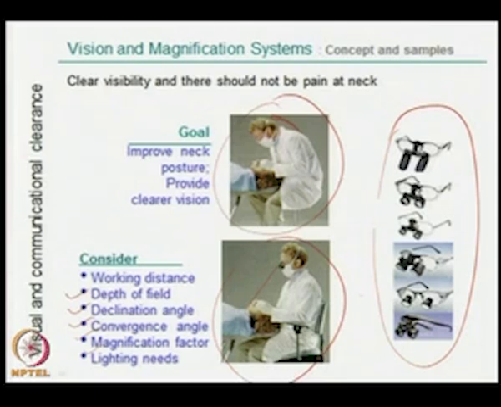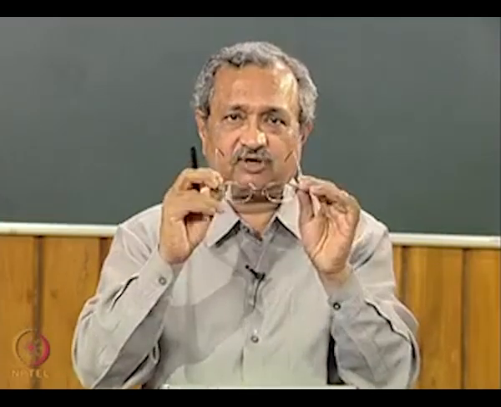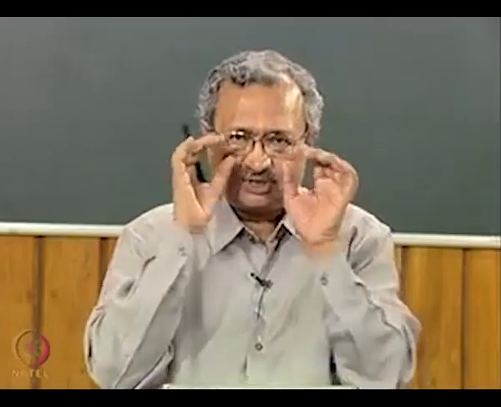A special development can also be looked into for this type of requirement, not only the special specs of a bifocal spectacle, but something where we can decrease or increase the magnifying as a specific requirement.